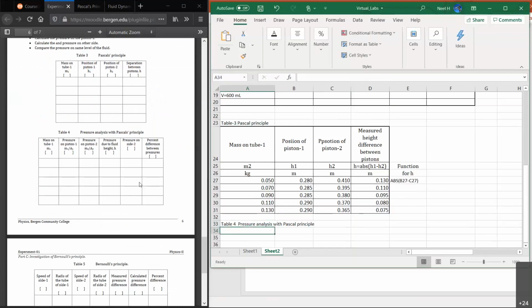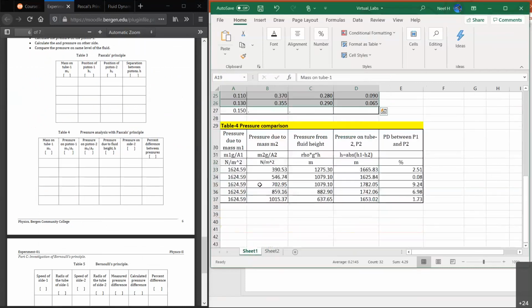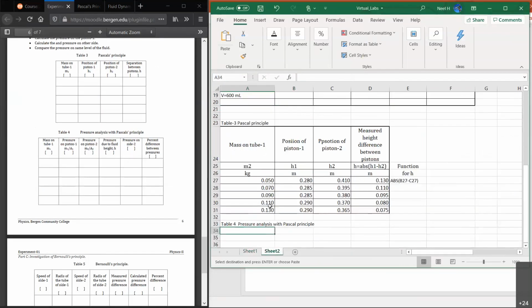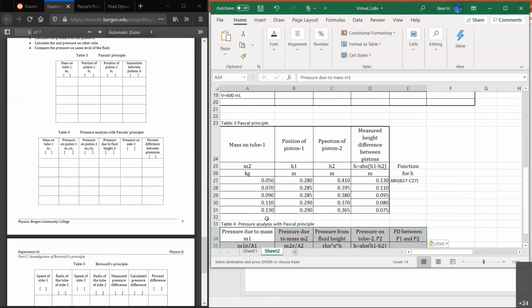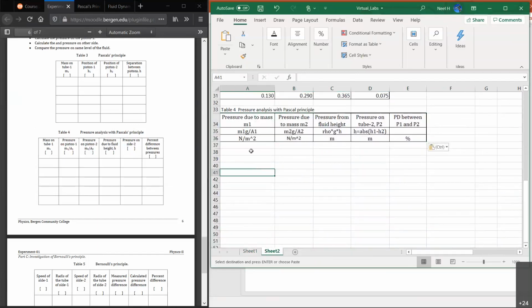Okay, and then you need to make this table right here. I'm just going to copy paste all the names from my previous table. So these are the names from the previous table. Okay, then you can do the rest here.